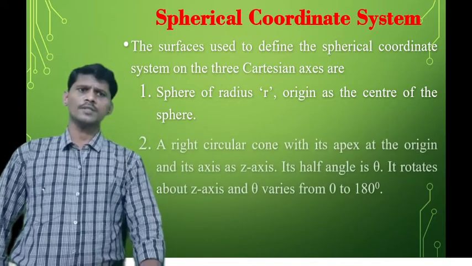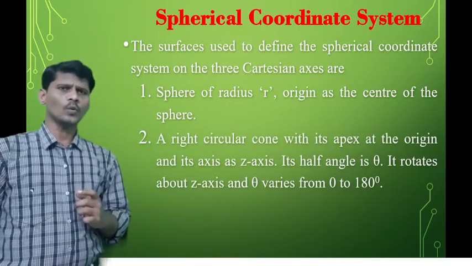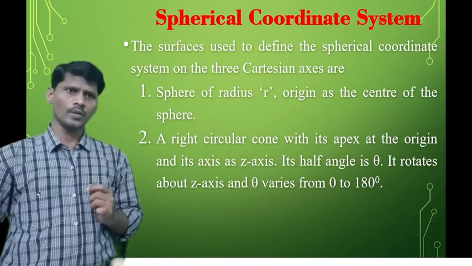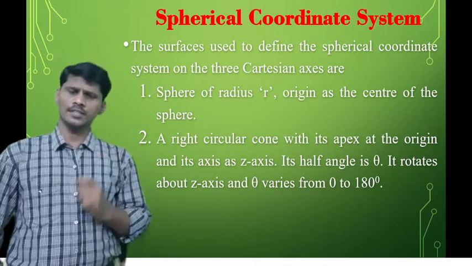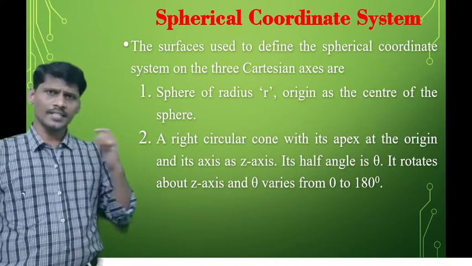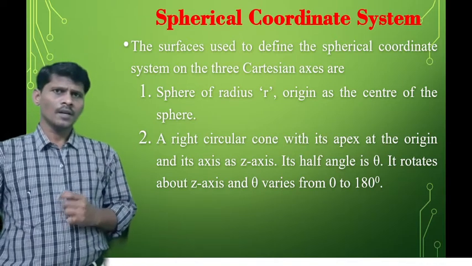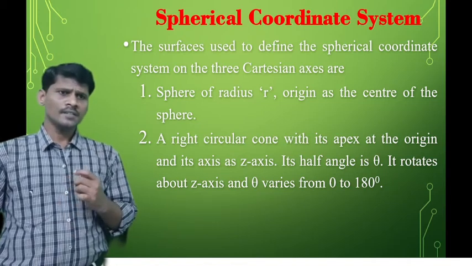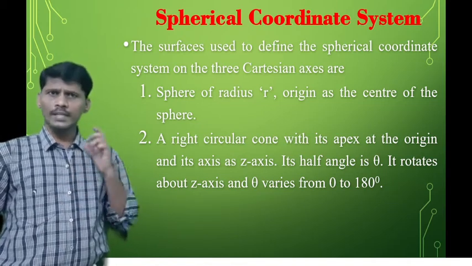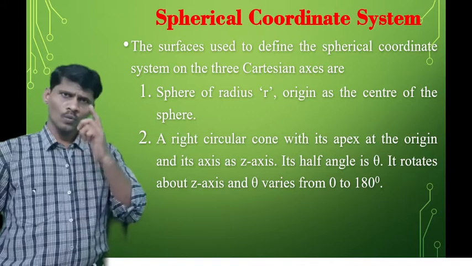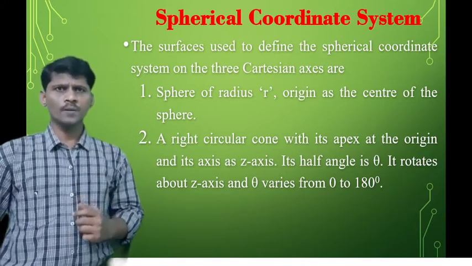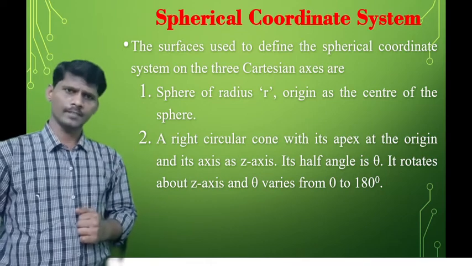And the second surface is a right circular cone with its apex at the origin, and its axis as the z-axis, and its off angle is theta. Theta rotates about the z-axis, and theta varies from 0 to 180 degrees.